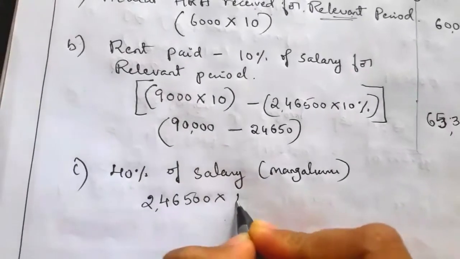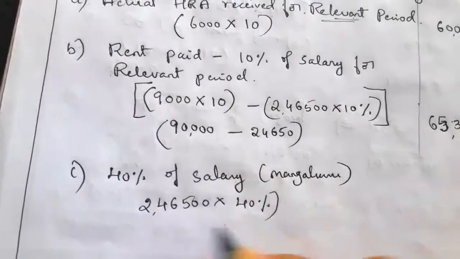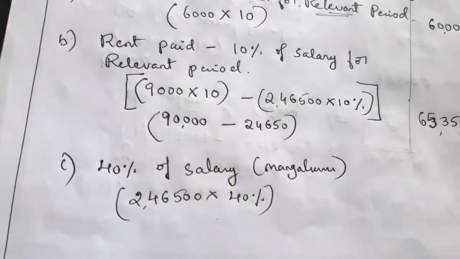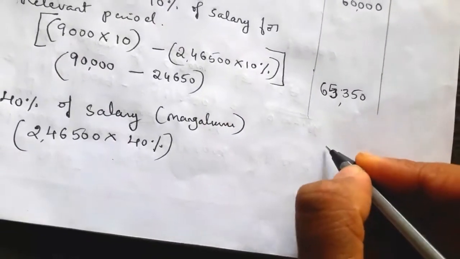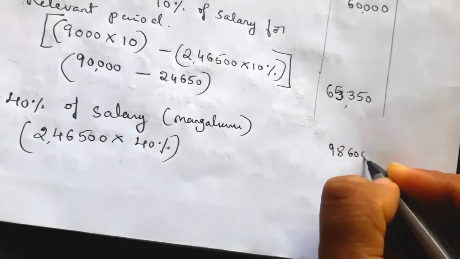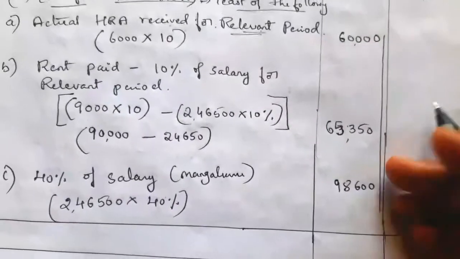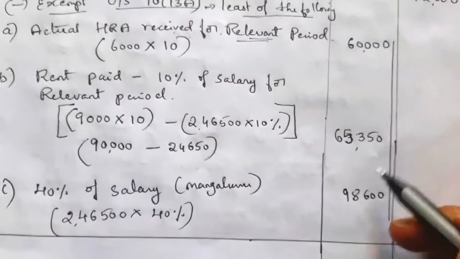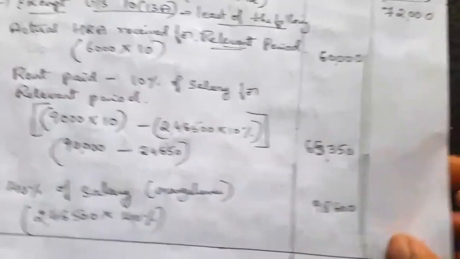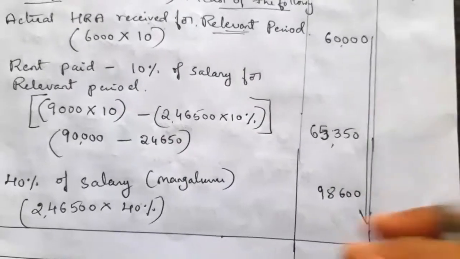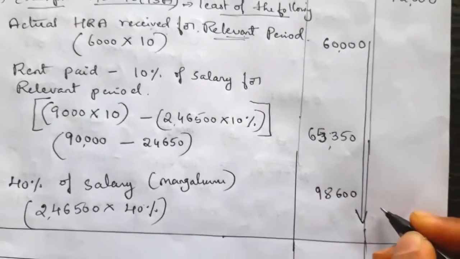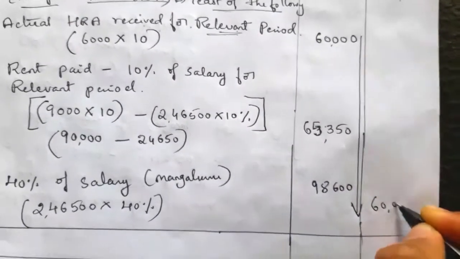In that only 40% we have to take for the third criteria. So that is equal to 98,600. Next, among these three criteria we have to take whichever is least. So that is 60,000. 60,000 is the least value.